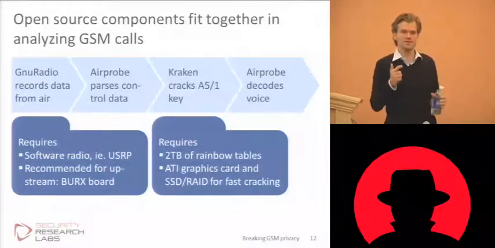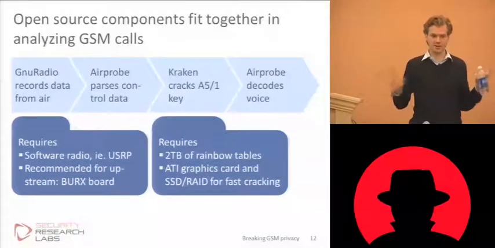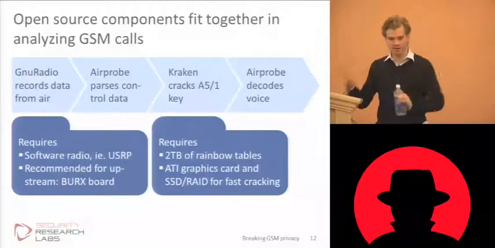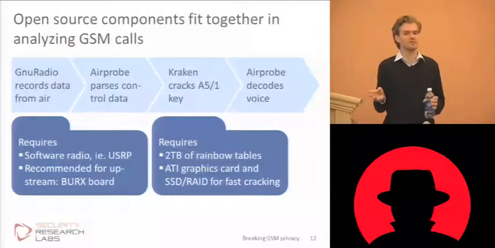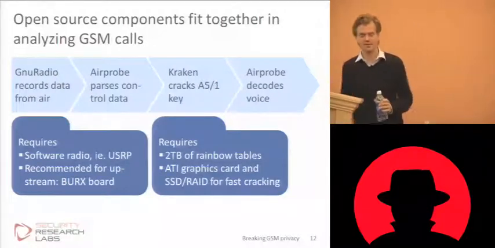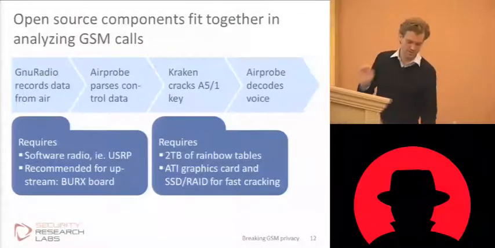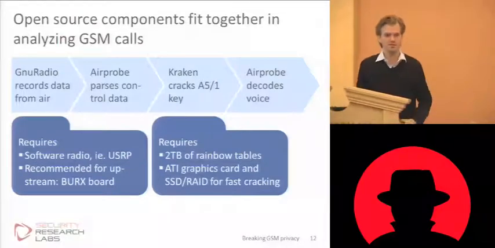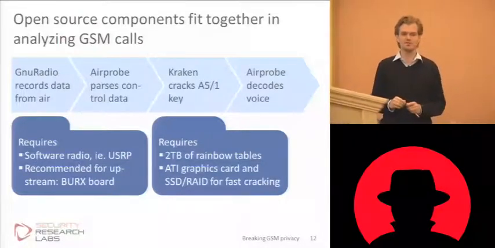It will tell you these packets are encrypted, I can't decode them. You feed them to Kraken, it cracks the key for you. You test with the second piece of that key stream whether you actually found the right key, and you use AirProbe to convert all of this back into a voice file.